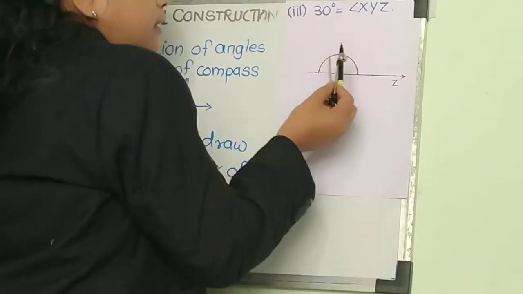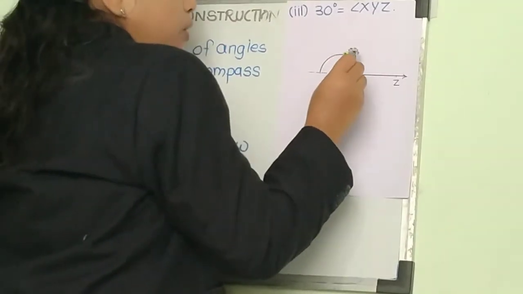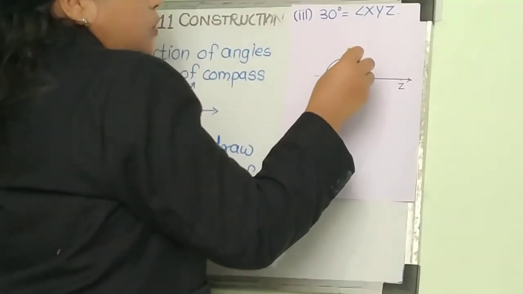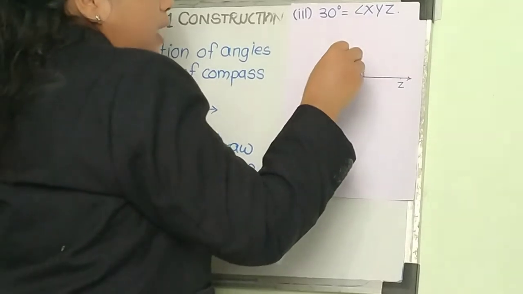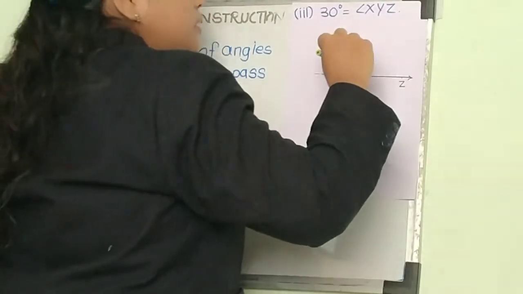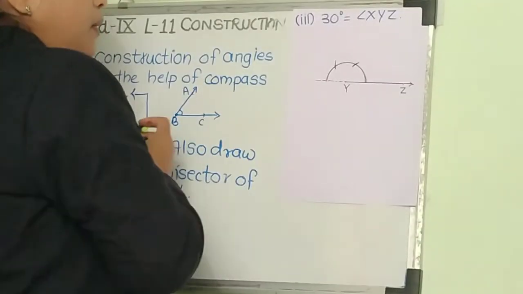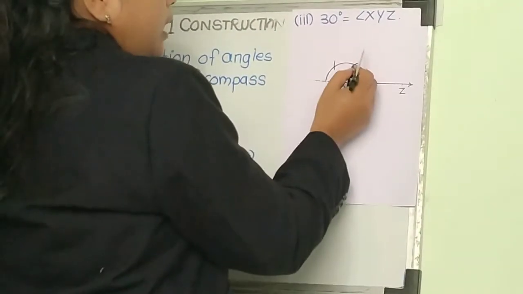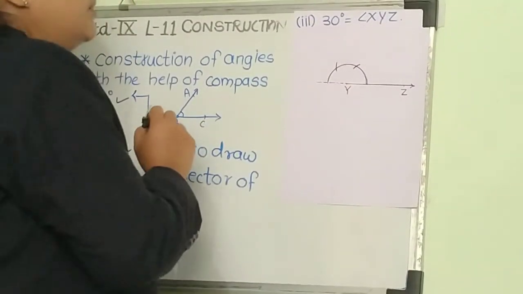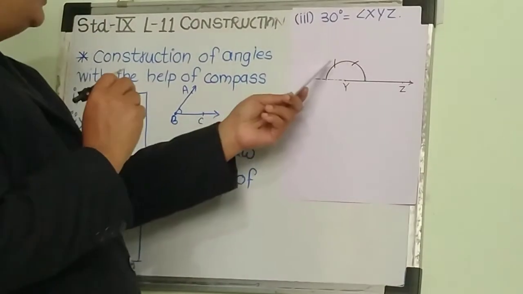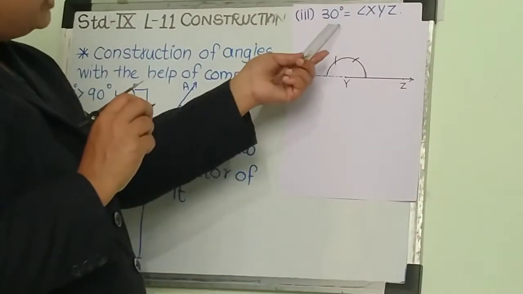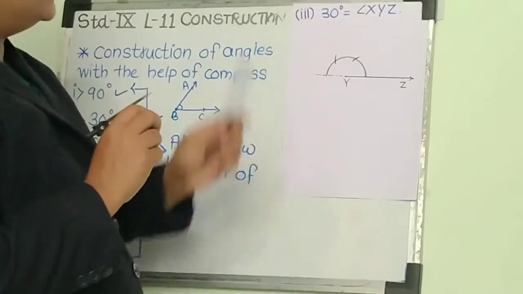With this fixed length we are going to draw the arcs on this semicircle. So first we draw one arc, second we draw the second arc from the first arc. So already I told you that the first arc is 60 degrees and the second arc is 120 degrees. So first we have to draw the angle 30 degrees.